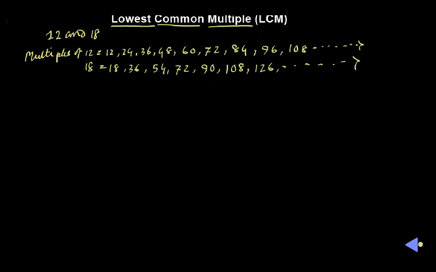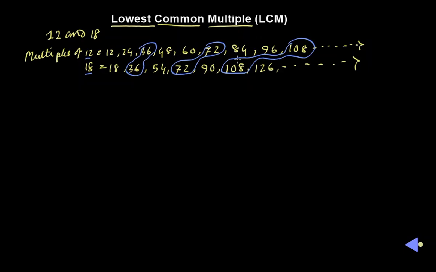Here we see some numbers are common, present in both the multiples of 12 and 18. The first one is 36. 36 is a common multiple of 12 and 18. Next, 72 is another common multiple, and 108 is also a common multiple of 12 and 18.